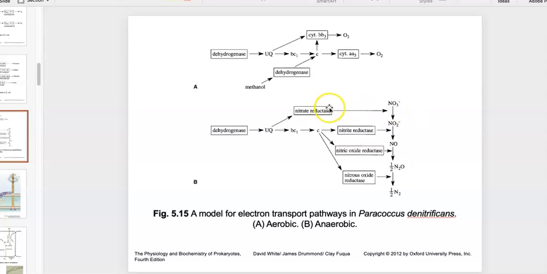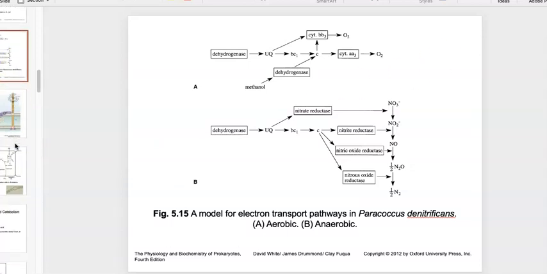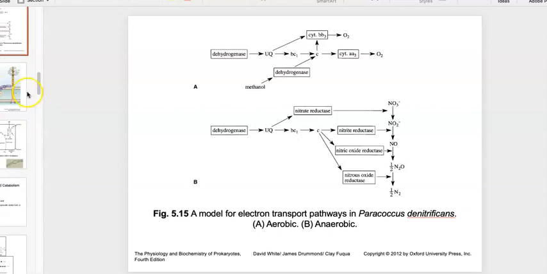And so nitrate reductase, again, is essential to transfer electrons to this terminal electron acceptor. Nitrite reductase grabs electrons and transfers them to nitrite, and nitric oxide reductase, and so forth, nitrous oxide reductase. And ultimately, the microbes will make nitrogen as a waste product, and then the nitrogen gas can diffuse into the atmosphere and into the environment, where plants could use it, if they're capable of nitrogen fixation.